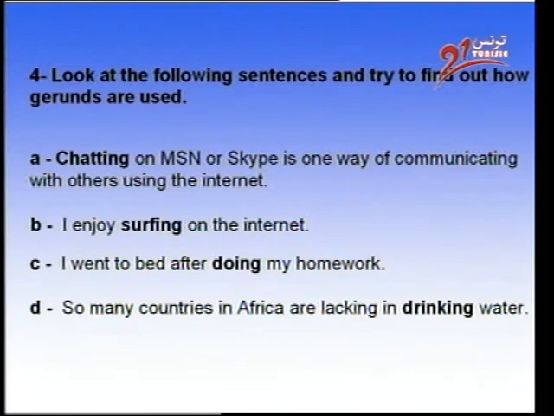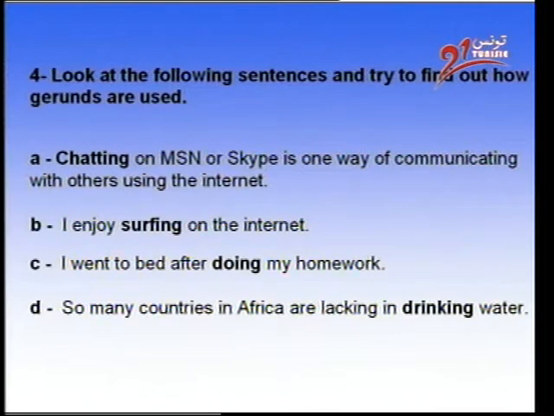I went to bed after doing my homework. So many countries in Africa are lacking in drinking water. In the first sentence, which is a sentence that we have seen before, chatting on MSN or Skype is one way of communicating with others using the internet. Here, chatting is used as a subject of the sentence, so the gerund can be a subject in a sentence.